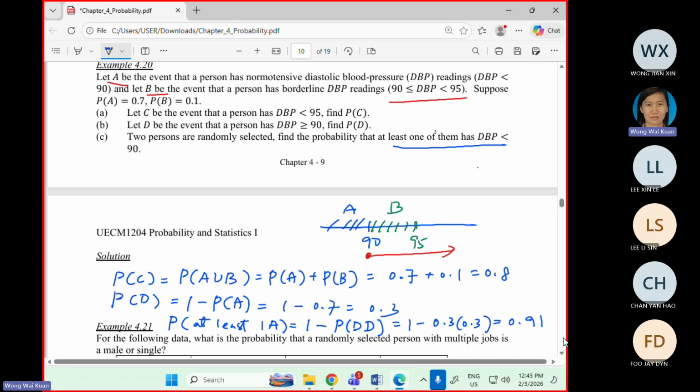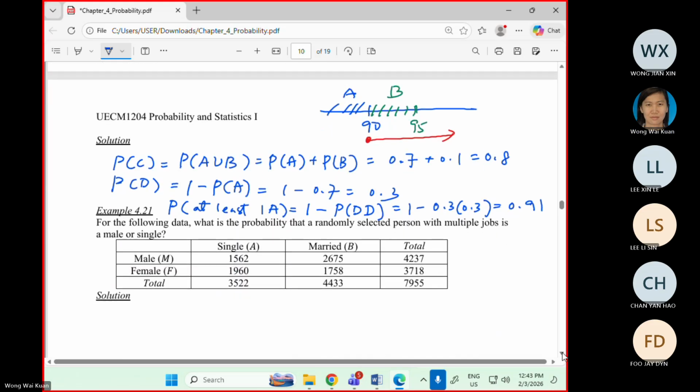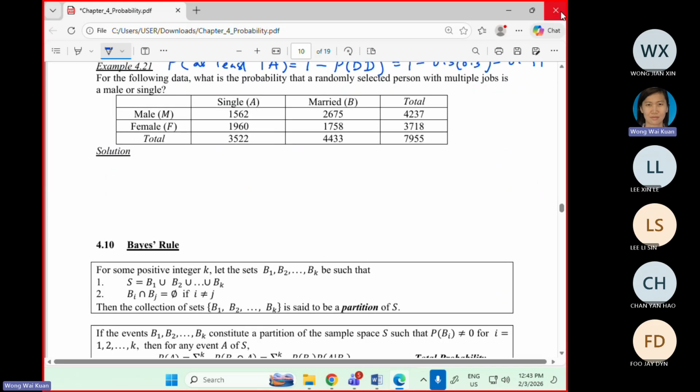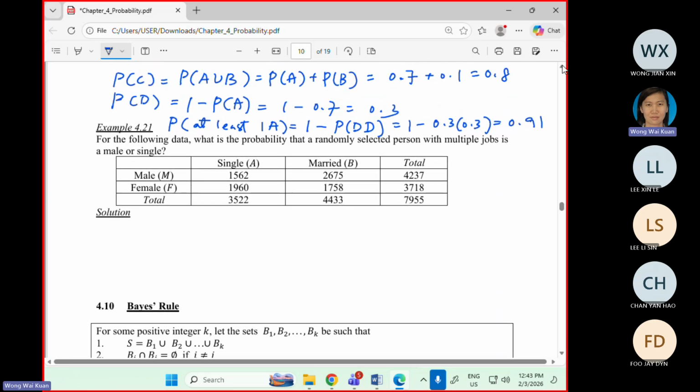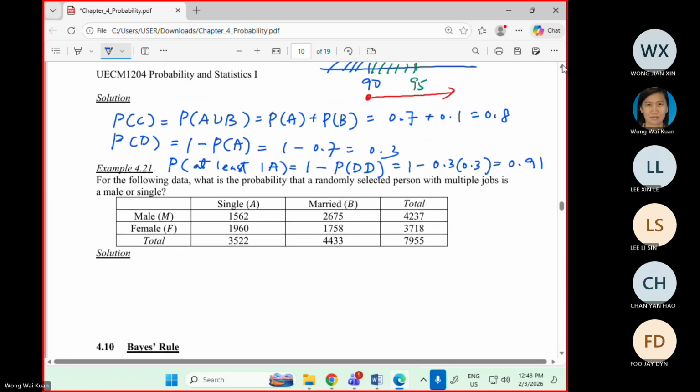Okay, so now, for the following data, what's the probability that a randomly selected person with multiple jobs is a male or single? Very funny numbers so that you don't repeat the number, right? So now I want male or single.